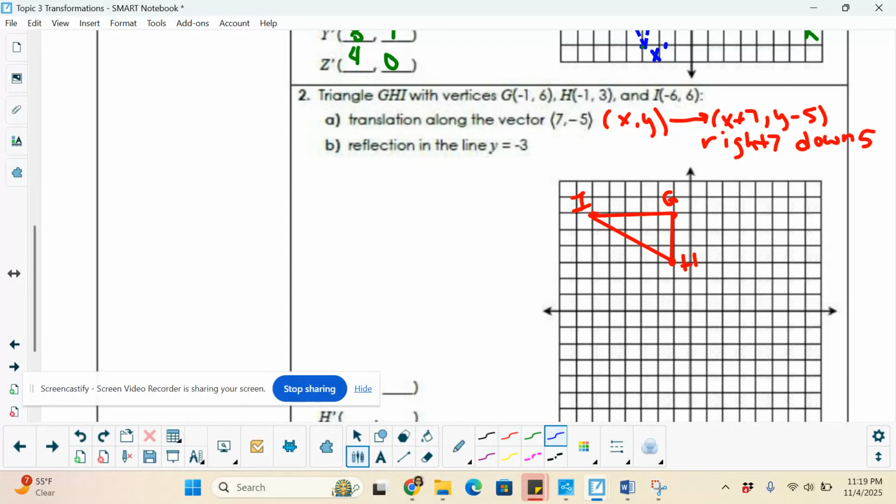Okay. So I'm going to get a different color. I'm going to go blue now, and I'm going to take each point and count to the right 7 and down 5. Let me start with G. I start at G. That's my 0. 1, 2, 3, 4, 5, 6, and 7.